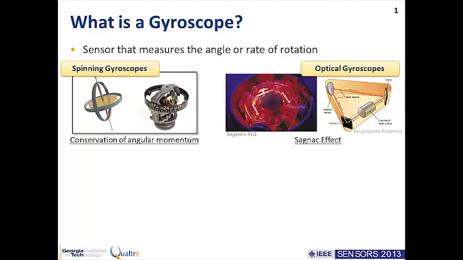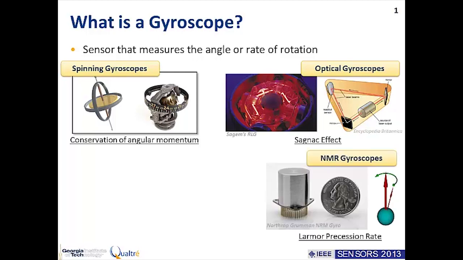And when you rotate your structure, the time that it's going to take for one of these beams to reach the destination is going to be shorter than the time it takes for the other one. And then by measuring this delta of time, you can estimate how fast you're rotating your object.